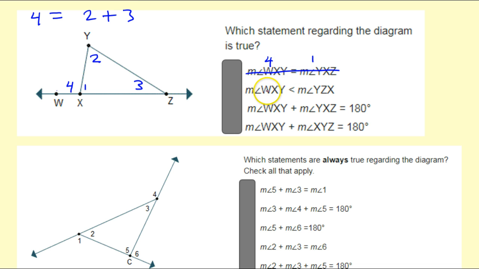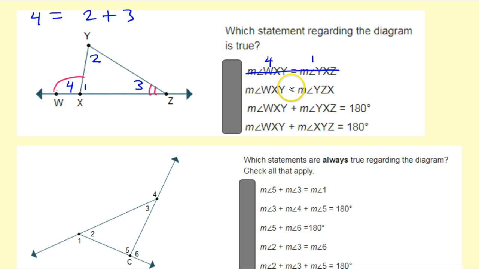Okay, angle WXY, talking about this angle, is less than angle YZX. YZX, well, that's this angle right here. Is angle 4 less than angle 3?